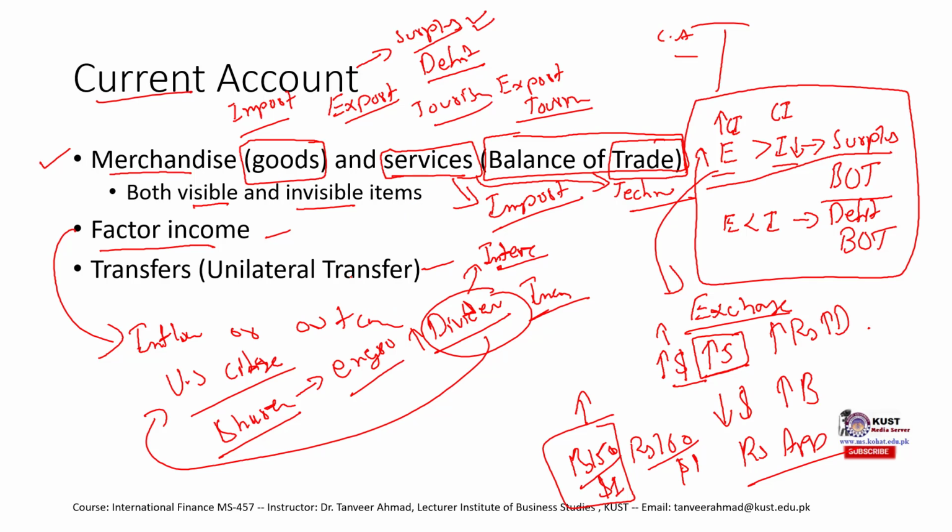So the factor income received by a US investor reflects the outflow of funds from Pakistan. In this case, Engro Fertilizer paying the dividend to a US citizen reflects the outflow of foreign currency out of Pakistan, right?